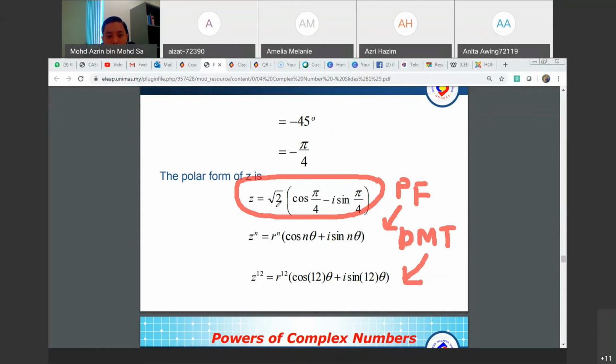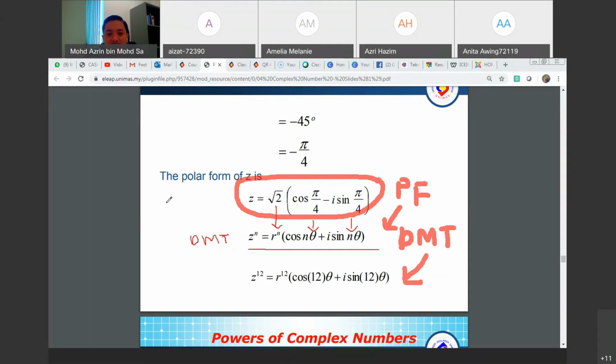So, Z equal to square root 2 cos pi over 4 minus I sin pi over 4. Then using the formula of DMT, the de Moivre theorem, Z power of n equal to R power of n cos n theta plus I sin n theta.